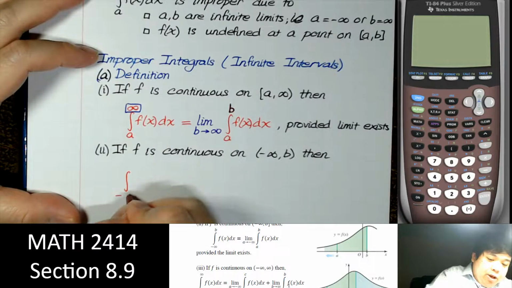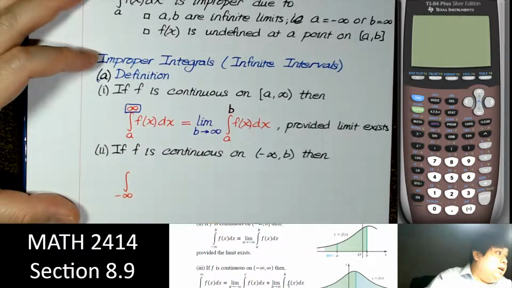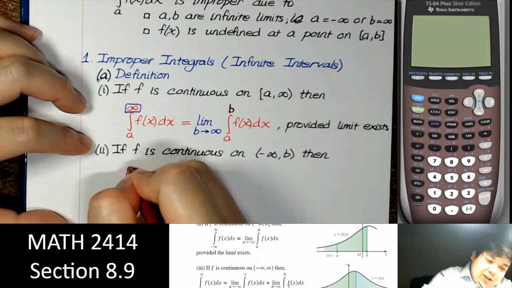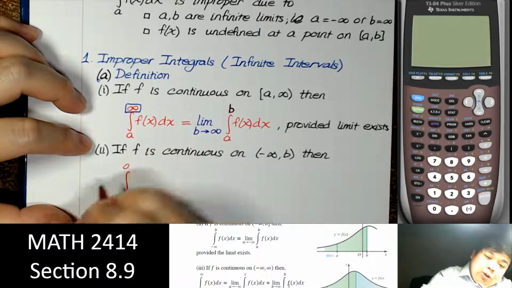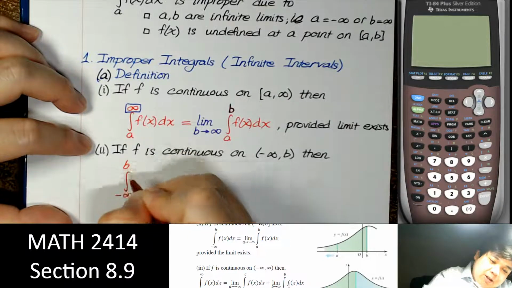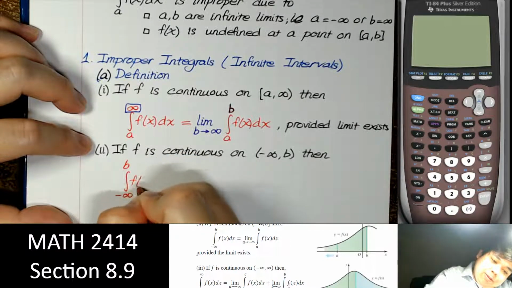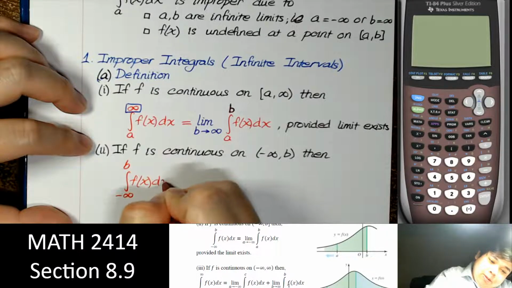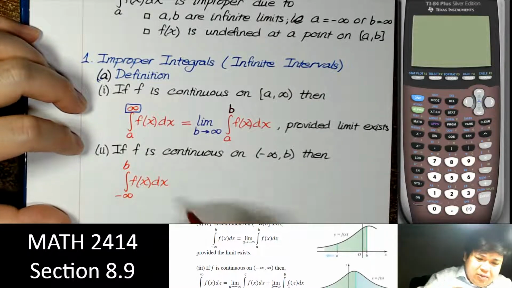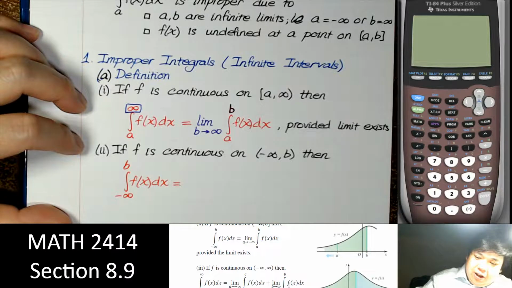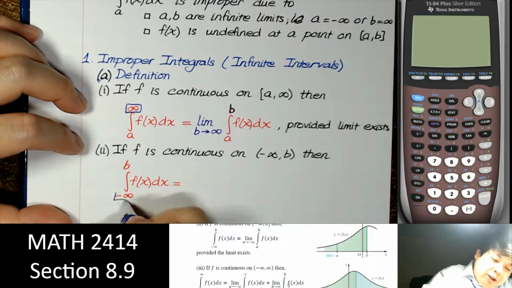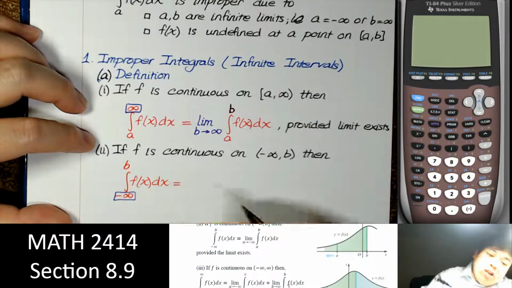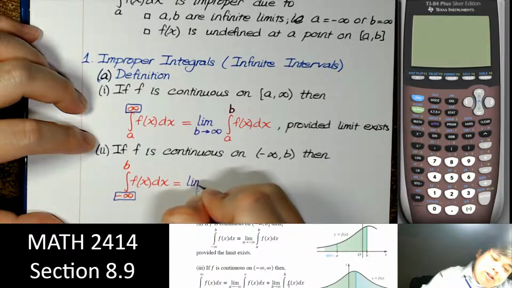This time if we have negative infinity at the lower limit, go to b. The letter is not really important here, but usually whenever possible we use a as the lower limit.